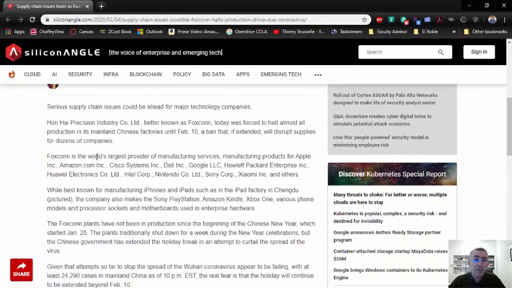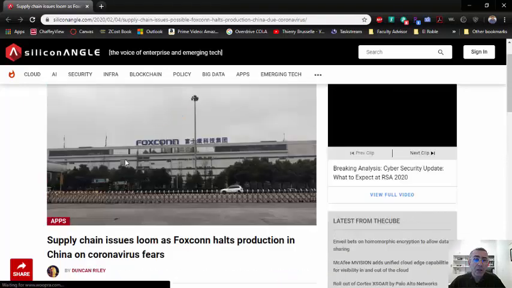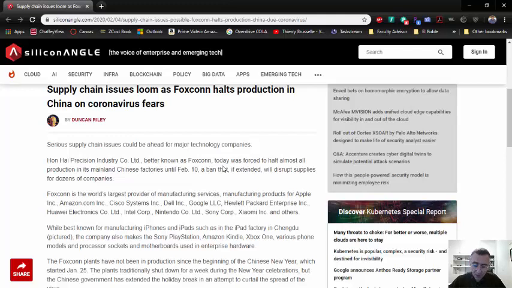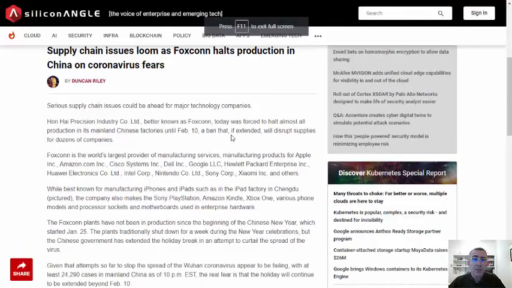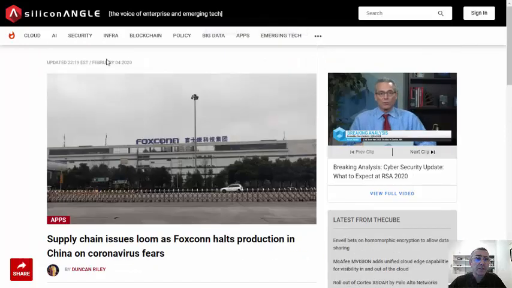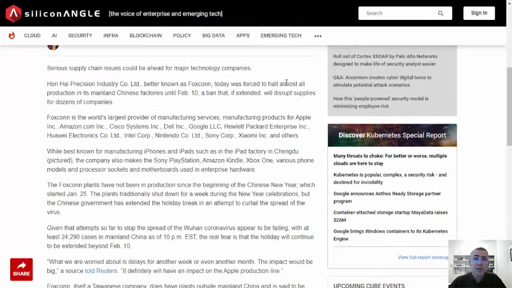And when you look at the names over here, Foxconn, most of you, when you look at your electronics, yes, it comes from Foxconn. And let's see, we have a date here, February 4th, Foxconn stopped production in most of its factories.